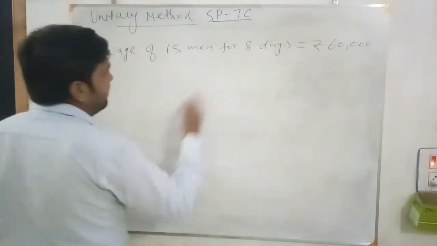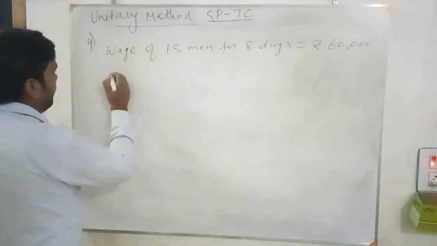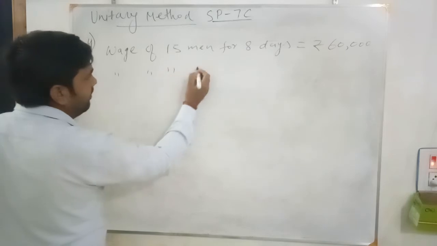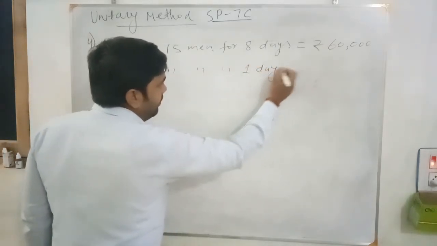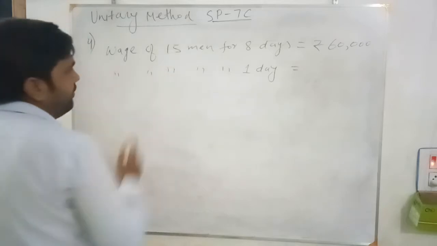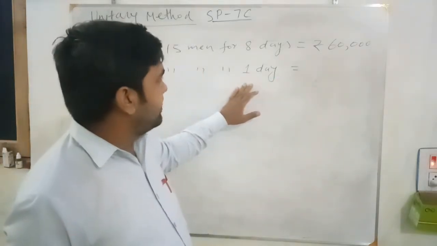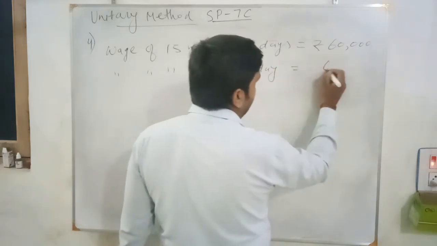So first we calculate the wage for 1 day. The wage of 15 men for 8 days is given. Now the wage of 15 men for 1 day. The wage of 15 men for 8 days is 60,000, and for 1 day the salary will be less. For less we divide by 8.